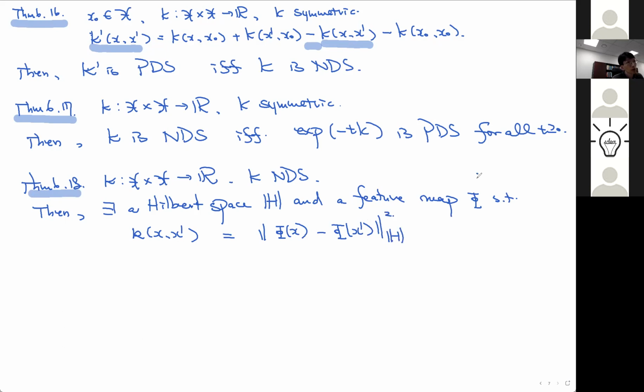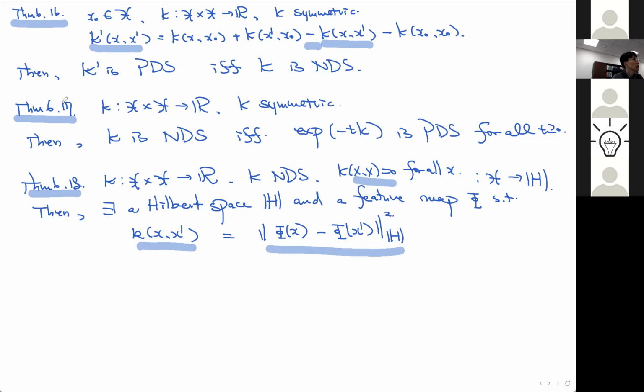Actually, there will be one more condition, a normalization condition, which says K of x, x is equal to 0 for all x. In order for it to be a distance, the distance from x to itself should be 0. If this extra condition is true, then we can understand K in terms of the squared distance. So these are the results.